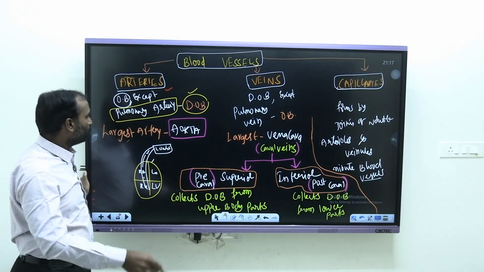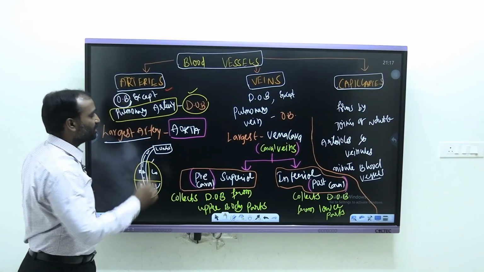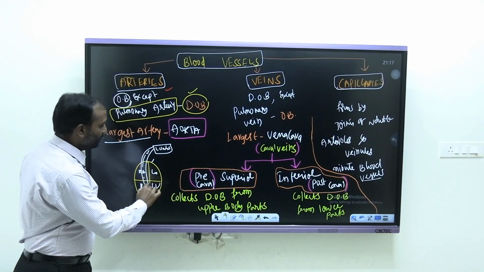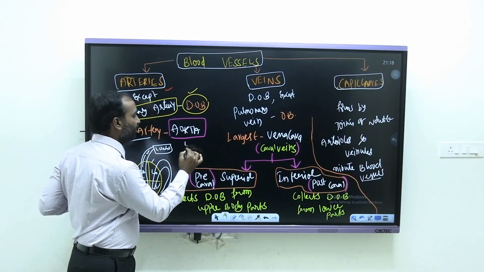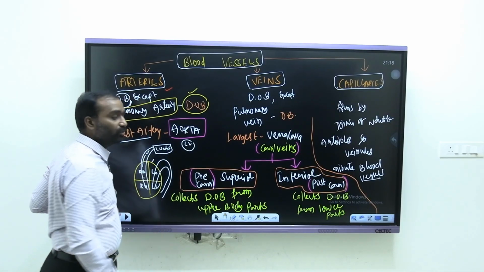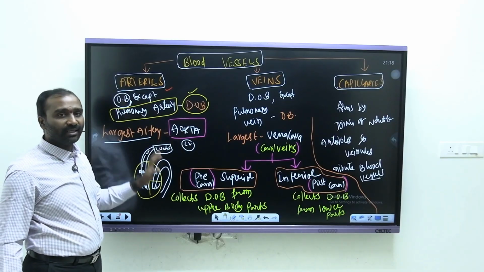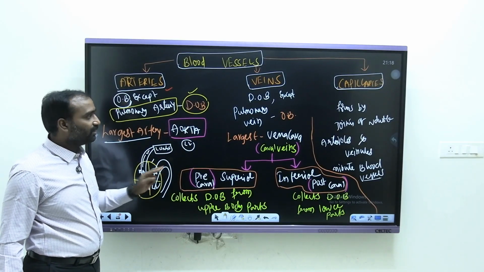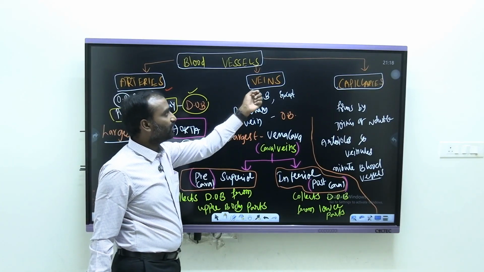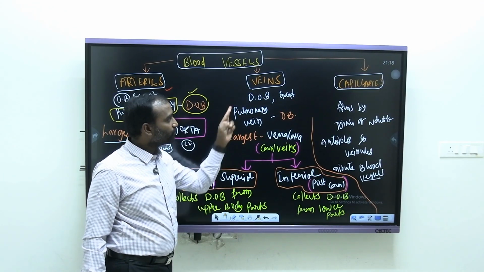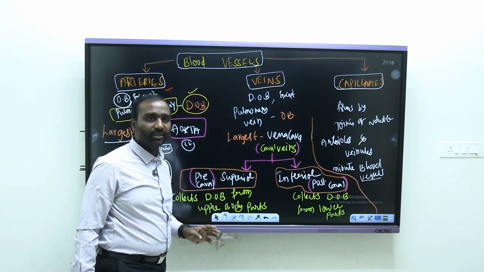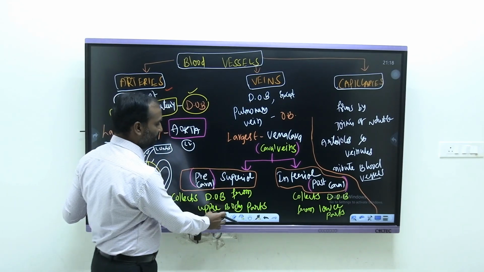And out of that, one more is the largest artery, the aorta. This aorta arises from the left ventricle. Aorta is the largest artery, which arises from the left ventricle. Then next move on to the veins. Here all the veins are carrying deoxygenated blood.